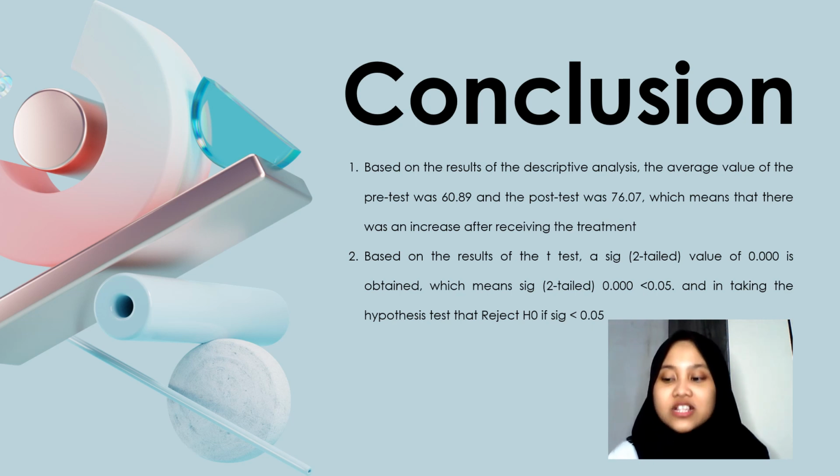And in the hypothesis test, reject HO because it is smaller than 0.05. It can be concluded that the use of read, encode, annotate, and ponder REAP strategy to improve student reading comprehension is effective at SMP Negeri 9 Makassar.